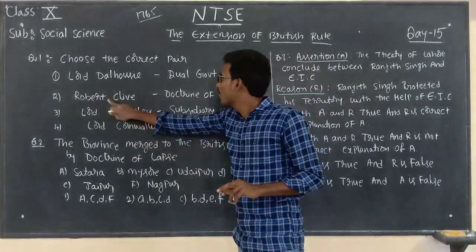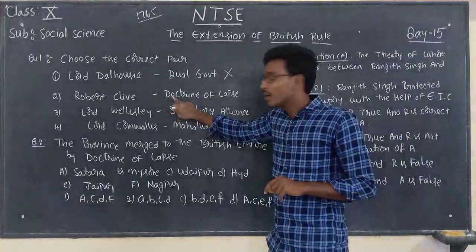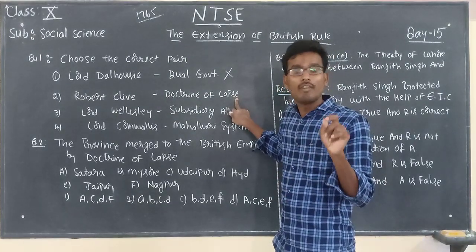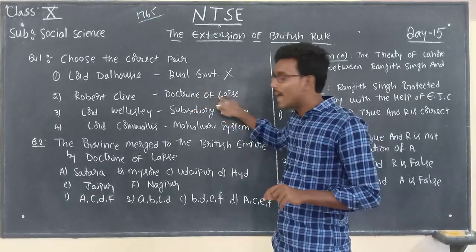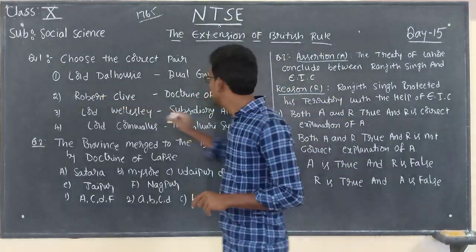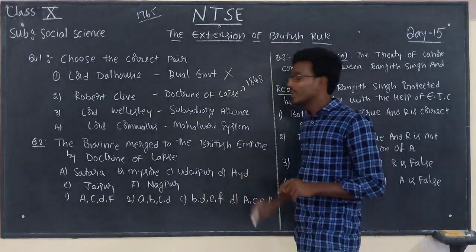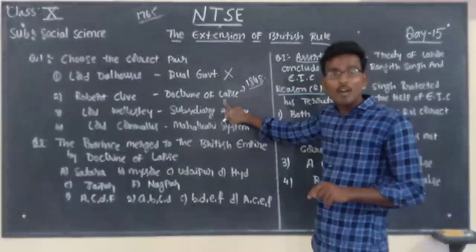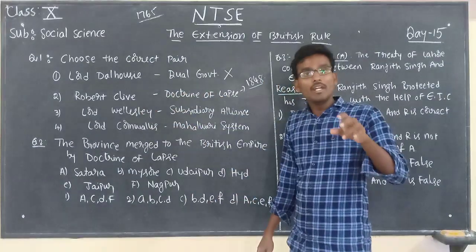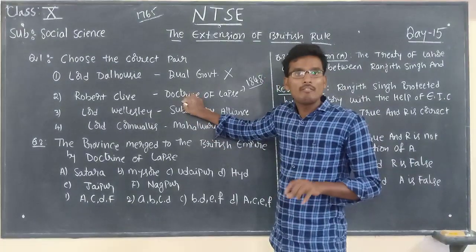Now the second one, Robert Clive. What have they given? Doctrine of lapse. Is it right? No, it is wrong. Why? Because doctrine of lapse was introduced by Lord Dalhousie. In which year? 1848. In the year 1848, after Dalhousie arrived in India as Governor General, he introduced the doctrine of lapse.